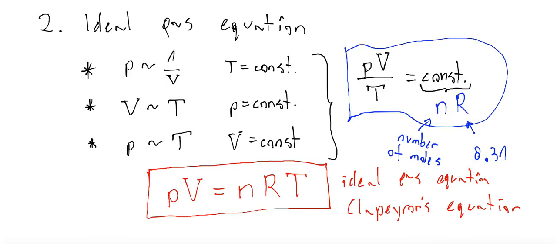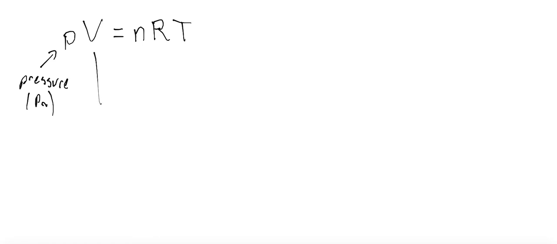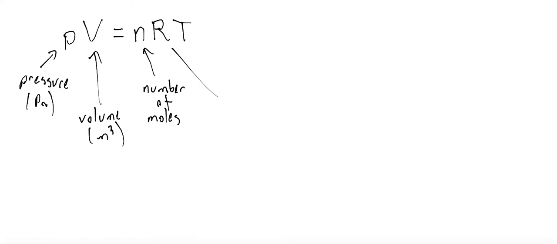Okay, so again, what is an ideal gas? An ideal gas is one which obeys the equation PV equals nRT for all values of P, V, and T. So again, P is the pressure in pascals, V is the volume in meters cubed, n is the number of moles, R is a constant which is equal to 8.31, and T is the temperature in kelvins.